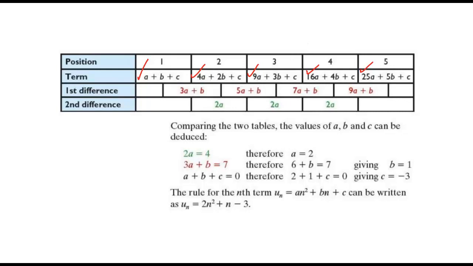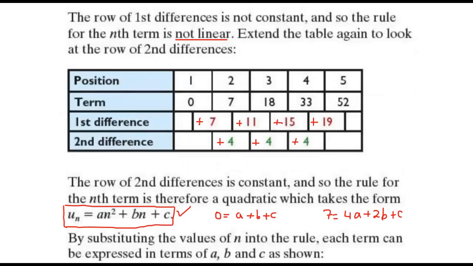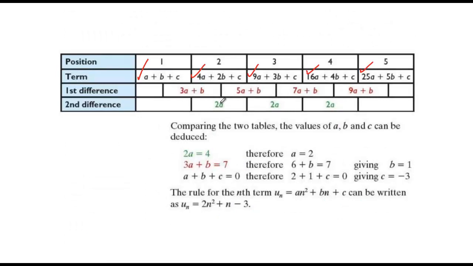Now comparing this whole table with the previous one, you can see that in the previous table the second difference is 4. Here the second difference is 2a. So 2a is equal to 4, and this will give us a is equal to 2. Now take the first term of the first difference, which is 3a plus b, and see the previous table.